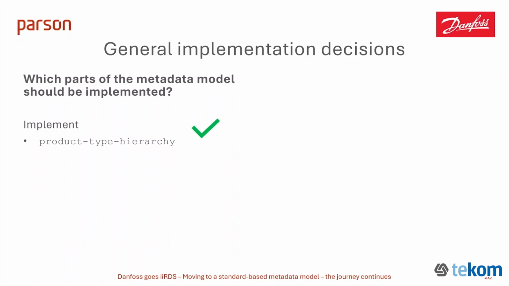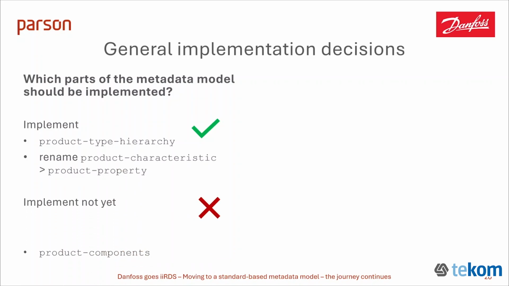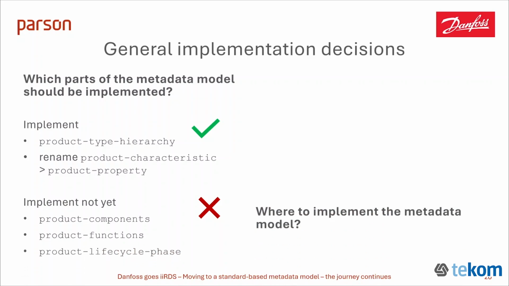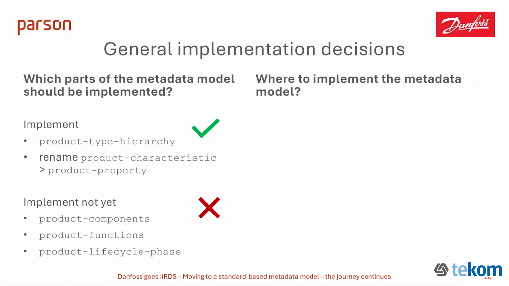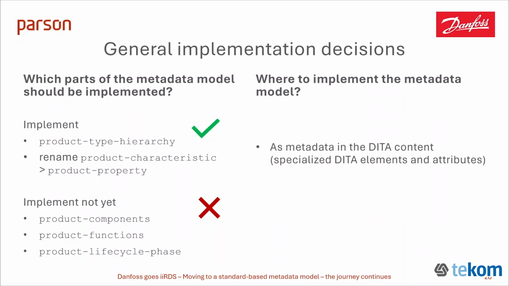So Danfoss decided to actively implement two profiling attributes, and of the other profiling attributes that we had already set up in the DITA specialization, we decided not to implement them in the first step. And then, of course, the decision was where to implement it, with which features of the CCMS the implementation should be done.